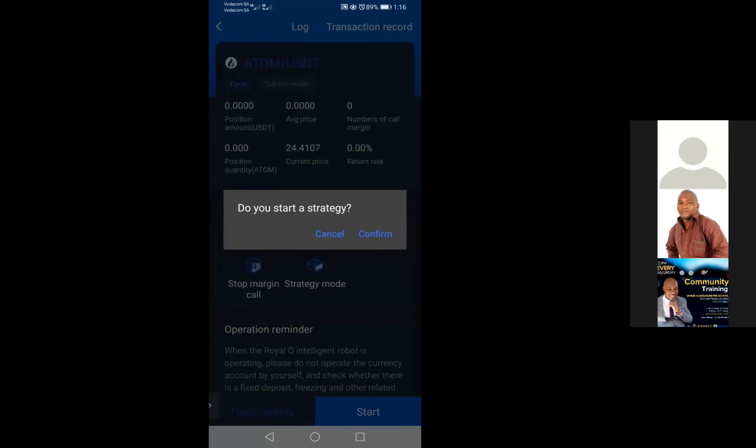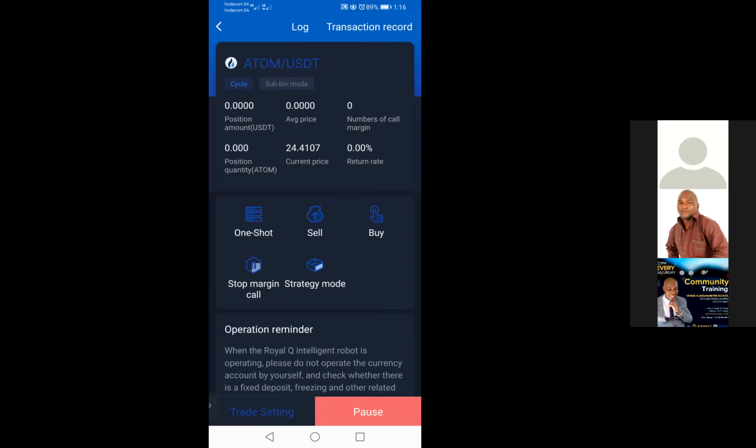Yes, you can confirm. So when we see pause, it means it has started trading. The price of Atom there is $24, so something good is happening there.